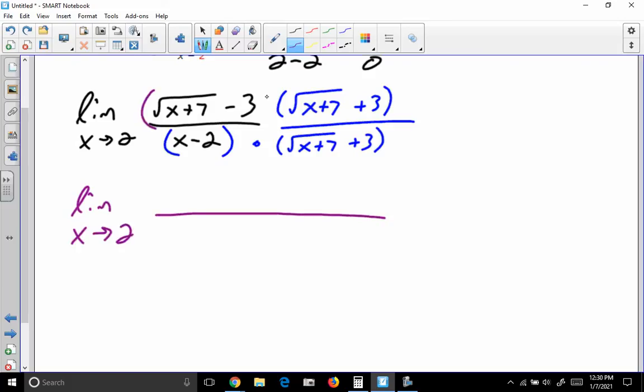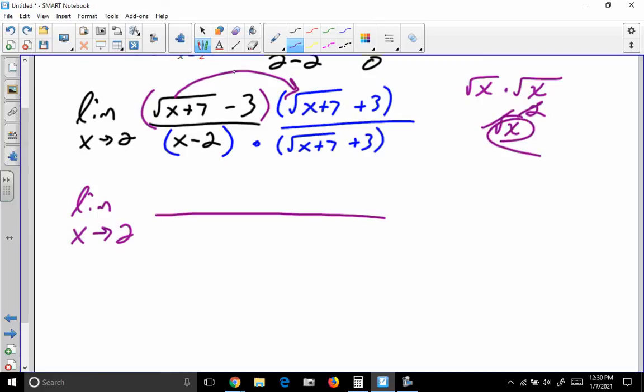So we have to distribute. We're going to do this radical times that radical. And anytime we multiply a radical times itself, anything times itself means we have that quantity squared. And if it's a square root squared, those cancel, leaving us what's underneath.